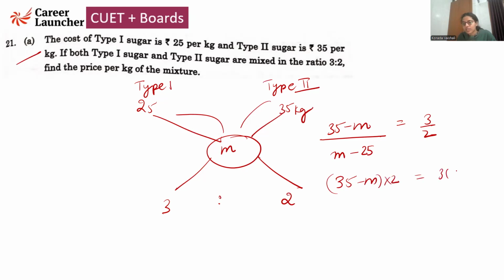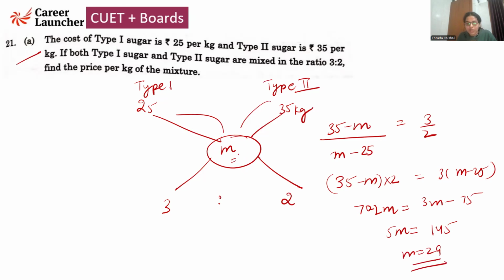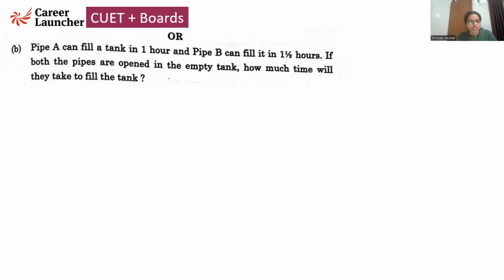This is equal to 3 multiplied by m minus 25. So this is 70 minus 2m is equal to 3m minus 75. So I'm getting 5m is equal to 145, or m as 29. So m is equivalent to 29, which is nothing but the price of the resultant mixture.